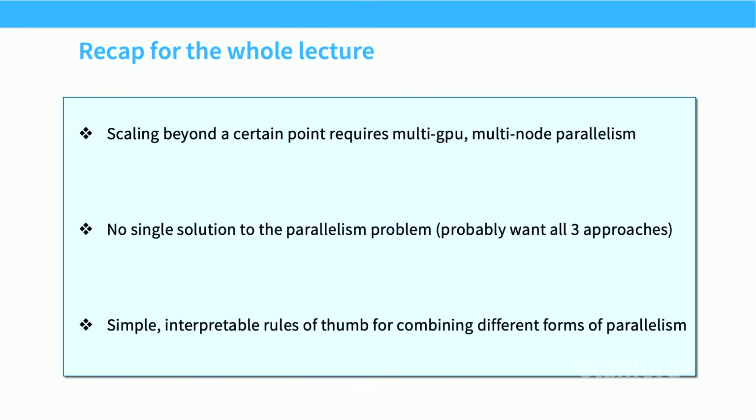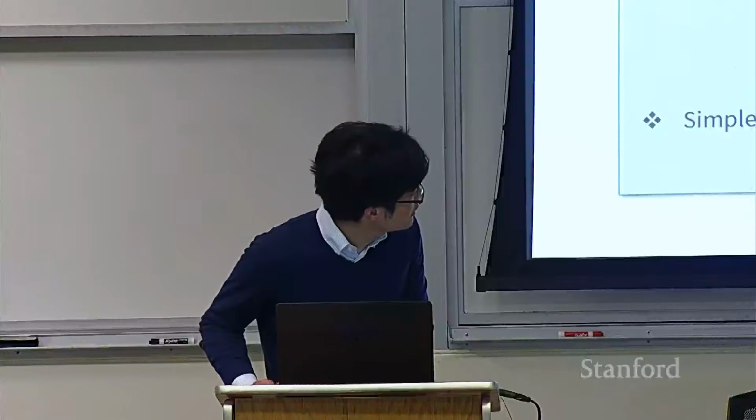But given all of these, it turns out that there are fairly simple rules of thumb for combining all these different forms of parallelism to get, in the end, effectively full utilization of your compute hardware. Great. And next week, I think we're talking about scaling laws.